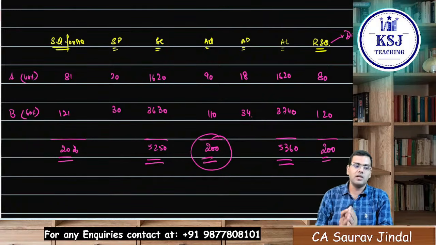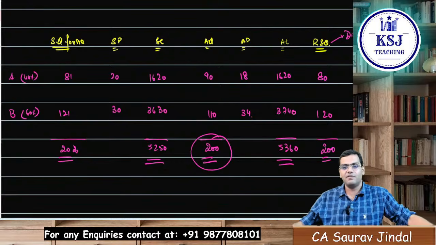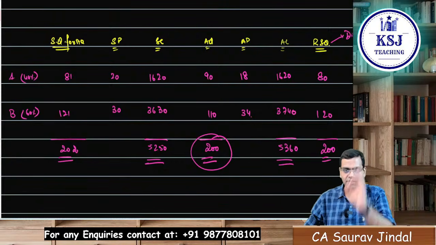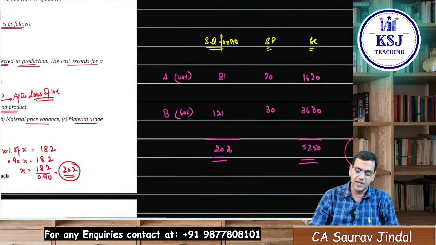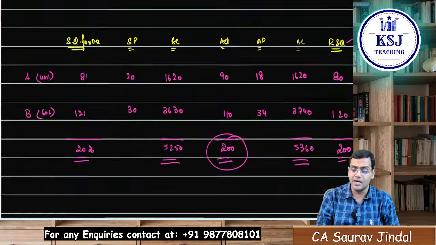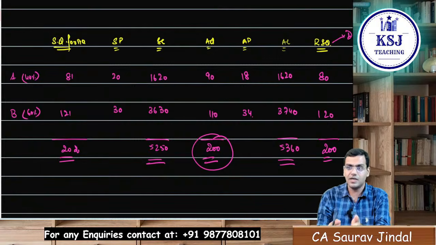For this particular illustration, do not see the ICAI solution. They have done it in a different way. I don't want to see that solution, sir. This solution is 101% perfect, and this will be your working note. Even the institute in their suggested answers, in RTPs, in MTPs, everywhere is using this particular methodology.